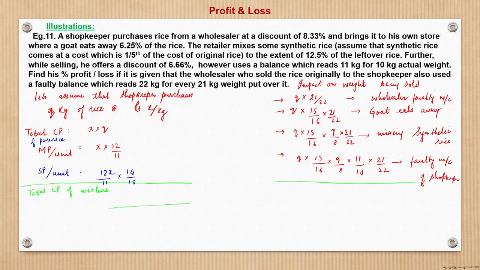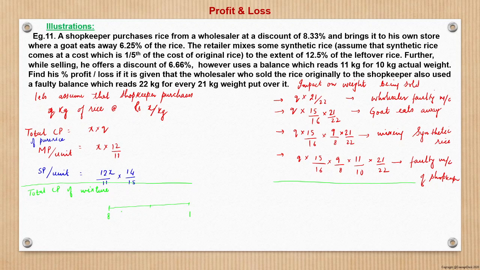Here, a mixture is there. 12.5% means if 8 is the original rice, 1 unit is the synthetic rice. What is the price of 8 unit? This is in the ratio of 5 is to 1, right? It's given that the synthetic rice costs 1/5. So if this costs 5 rupees, this will cost 1 rupee.